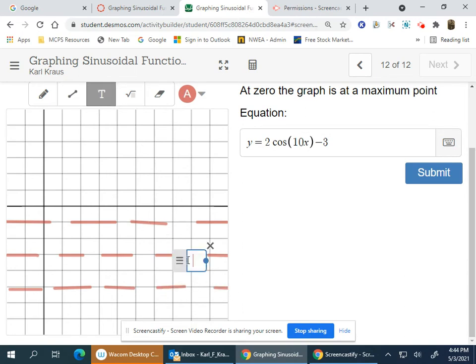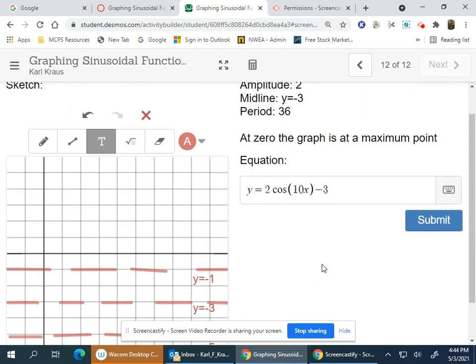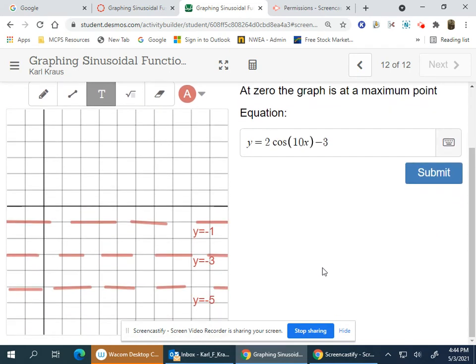Go ahead and label these. And my period is 36, so let me see. So let's make this a 9.